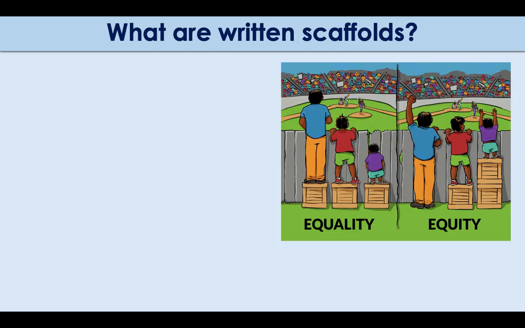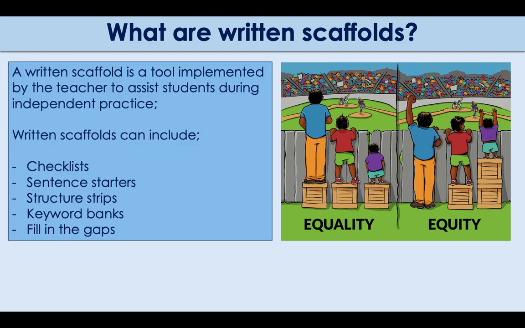So what actually are written scaffolds? Now the picture here summarises what makes an effective scaffold. An effective scaffold makes all students equitable in learning, meaning they can be adjusted depending on the amount of scaffold a student requires. So it's a tool which is implemented by the teacher to assist a student during independent practice.